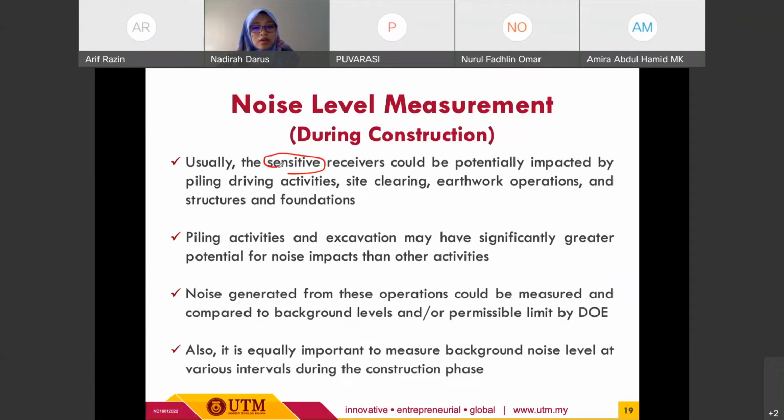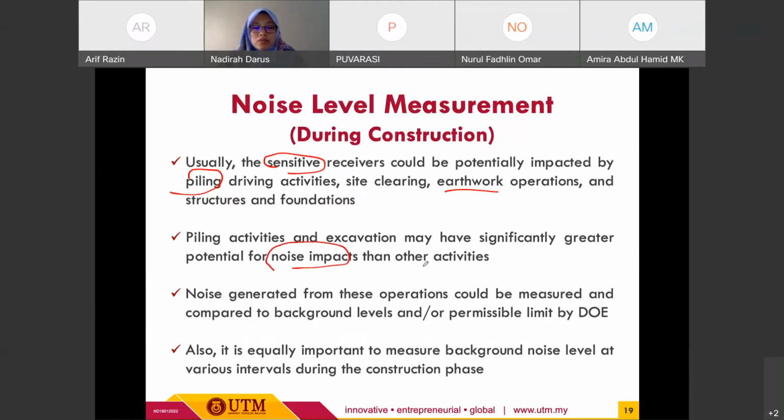And then kalau that proposed site ataupun construction site located close to the hospitals or any sensitive area, so most of the time they are affected by the piling ataupun any substructure activities, site clearing, earthwork and so on. Sebabnya based on previous study, this kind of activities generate the highest construction noise. Piling activities and excavation may have significantly greater potential.